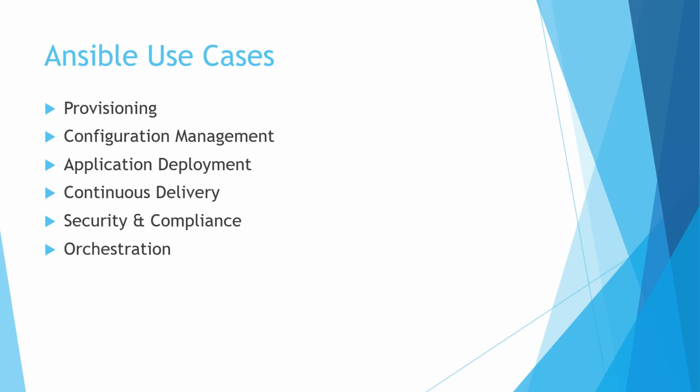And this can be how you document your inventory as well. And I'm going to talk a little bit about static and dynamic inventory in Ansible in a little bit.